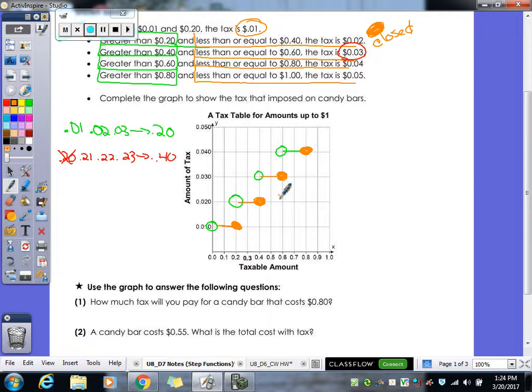So if my candy bar costs from 60 to 80 cents, we're paying 4 cents of tax. If it's greater than 80 cents, so from 80 cents, open circle, to $1, closed circle, we're paying a nickel worth of tax. So that's called a graduated tax.